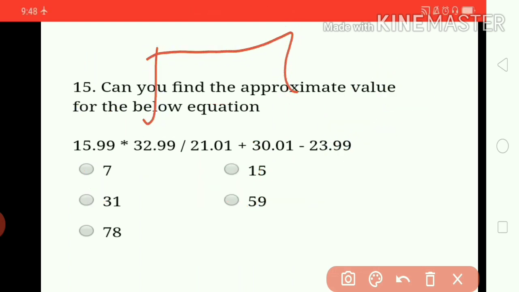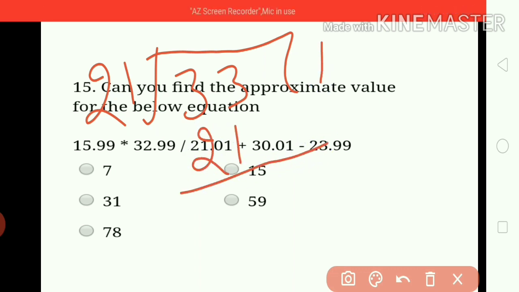Let us divide 33 by 21 to get the approximate value. So it goes 1, 21 ones are 21. 33 minus 21 is 12. Now place a decimal here, and bring down a 0.